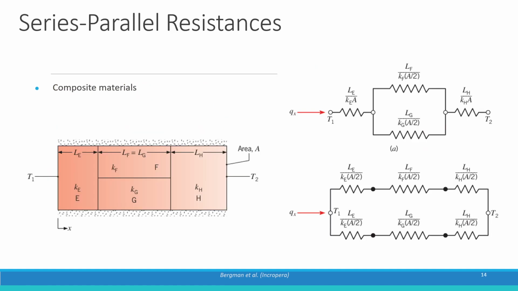It would also be useful when you have different kinds of materials that are in connection with each other, so basically composite materials. You transform each of these diagrams into resistance diagrams, and then whatever the heat transfer rate is, you express it as temperature difference upon the resistance.